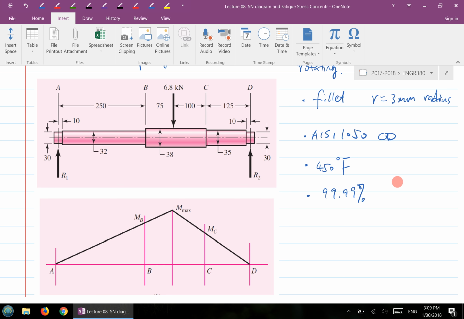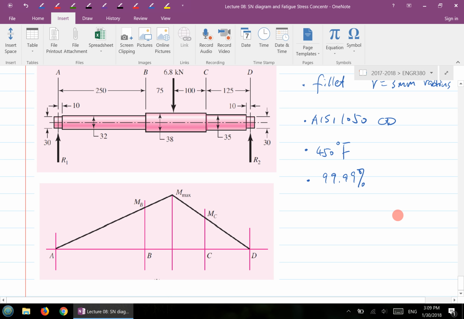For design, the first step, before you jump in here, is to draw the free body diagram, and then draw the bending moment diagram. If there's a torque, also draw the torque diagram. And if there's a shear force, you should also draw the shear force diagram, right?